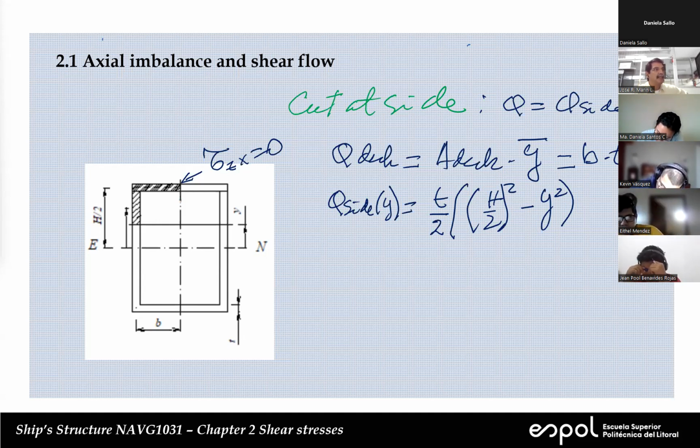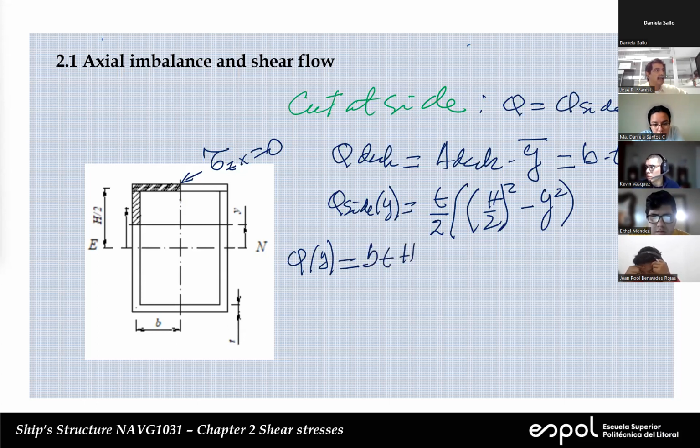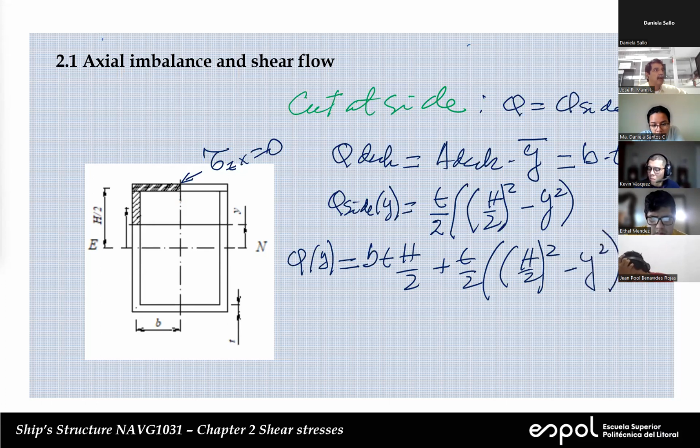With this negative, that means that at y equal to 0, on the neutral axis, the combination is going to be the largest. So we're going to say that Q as a function of y is going to be this, which is constant, B t h/2 plus t/2 times h/2 squared minus y squared.